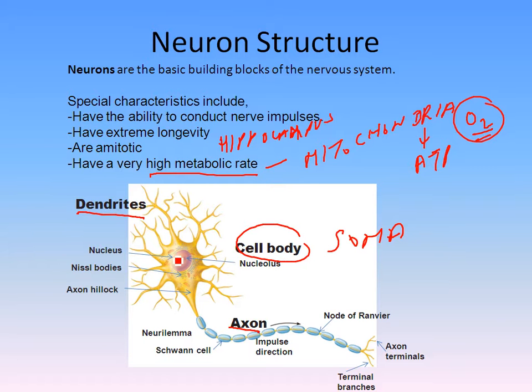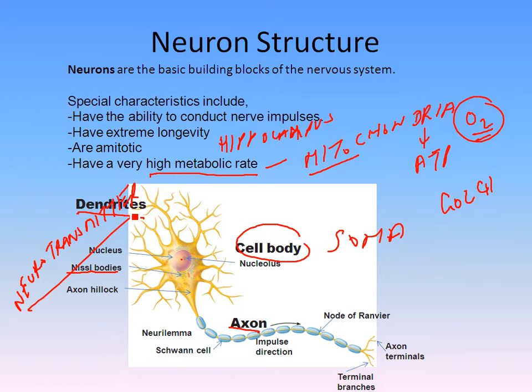The support structures of the cell include mitochondria, as we mentioned before, which provide energy, and the Golgi apparatus, which of course is responsible for secretion. The rough ER is extremely well developed, and these are called the Nissl bodies. They are thought to be involved in the synthesis of neurotransmitters. These neurotransmitters are basically chemicals with which the neurons will communicate with each other, as we'll study later.